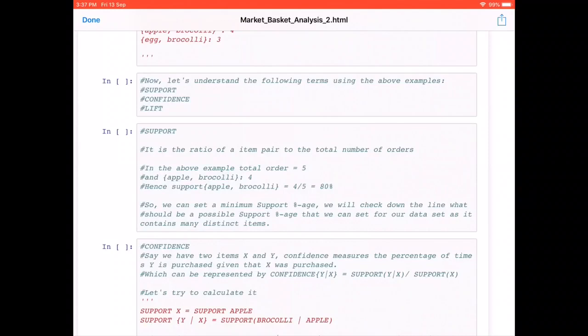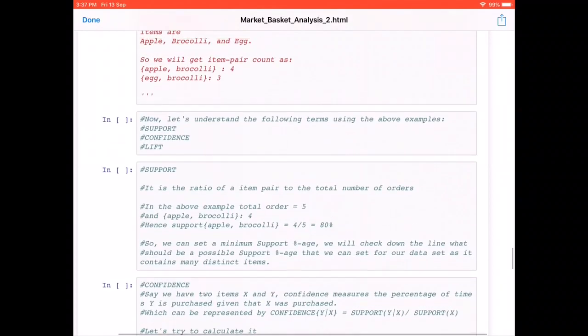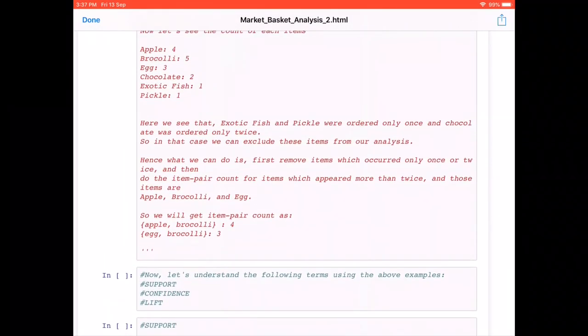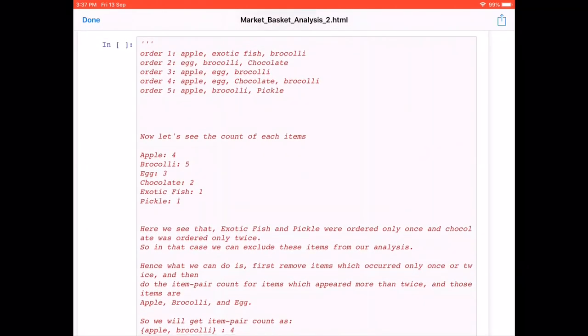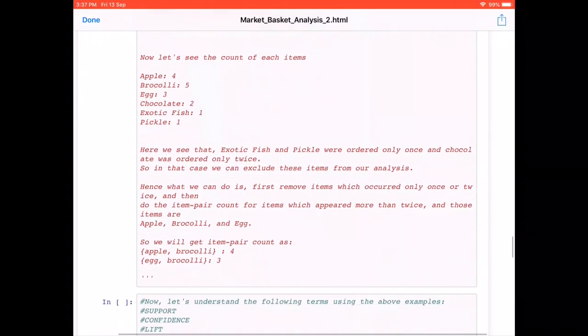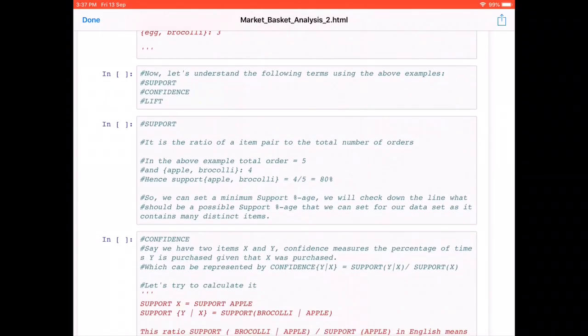The first one is support. Support is the ratio for an item pair: how many times that item pair has appeared in our order history, divided by the total number of orders. Very simple. In my above example, the total number of orders is 5. If I scroll a little bit up, you can see there are a total of 5 orders, and in those 5 orders, apple and broccoli appeared 4 times.